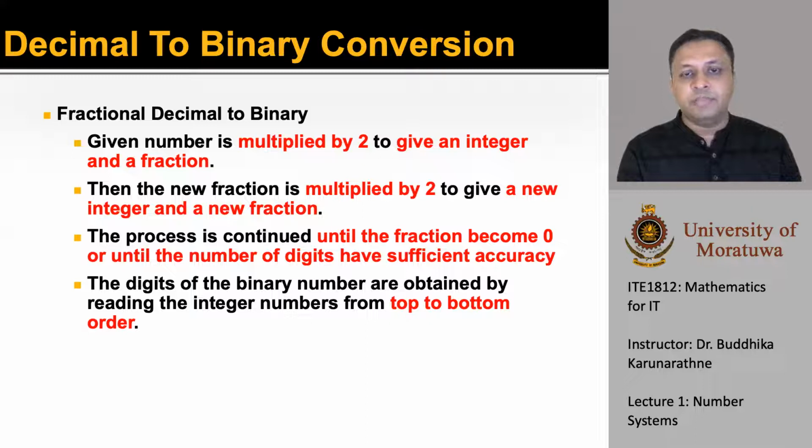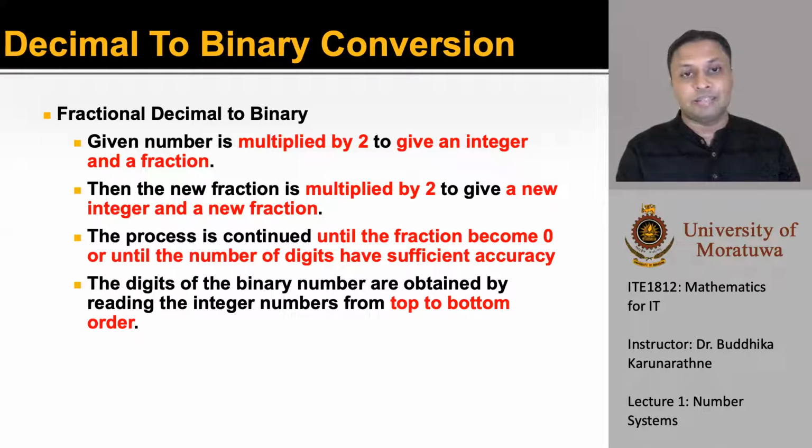Then the new fraction is multiplied by 2 to give a new integer and a new fraction. We keep doing this process until the fraction becomes 0, or until the number of digits has sufficient accuracy. The digits of the binary number are obtained by reading the integer numbers from top to bottom order.